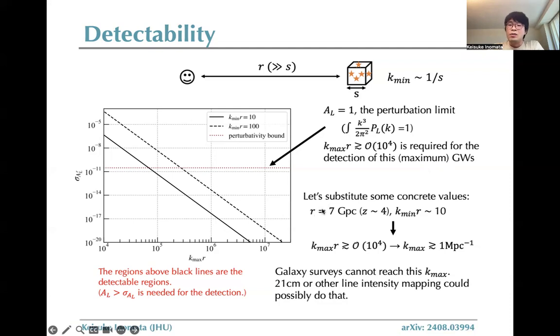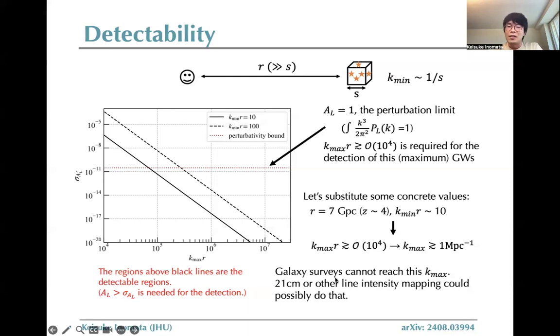R equals 7 gigaparsec, which corresponds to redshift equals 4, and the K min R is 10. Then we find that this condition corresponds to this condition. So this means that in order to detect the maximum gravitational waves, we need to measure the density fluctuations whose scale is smaller than 1 megaparsec.